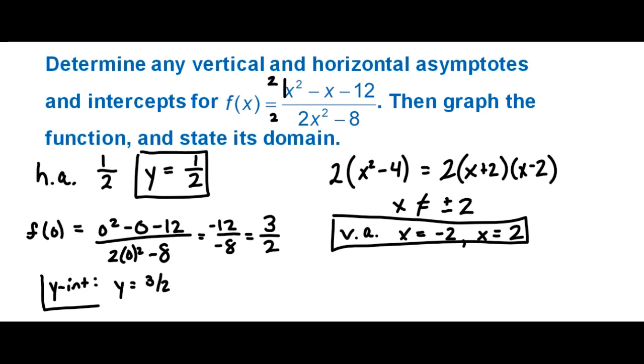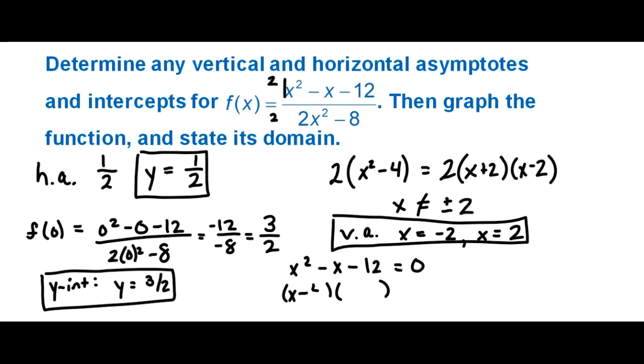And now to find our x-intercept, remember it's where the numerator equals 0. So we want to know where x squared minus x minus 12 is equal to 0. So we can factor that. Two numbers that multiply to negative 12 and add to negative 1 would be x minus 4 and x plus 3.